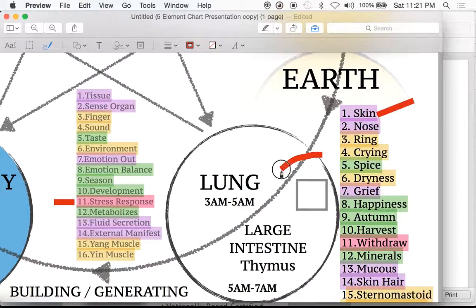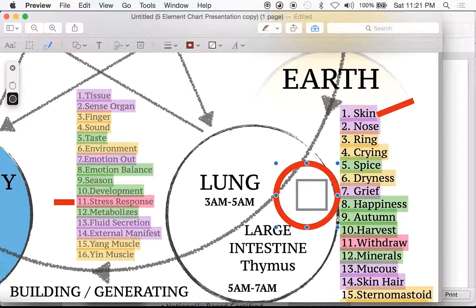One is this shape right here. As you remember, we discussed how the face shape is commonly a square for someone that is a metal air element. So that would show this square face. The other one is this number 11 right here. This is going to be the stress response.